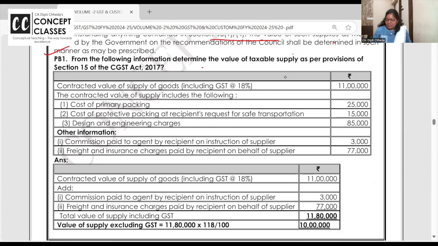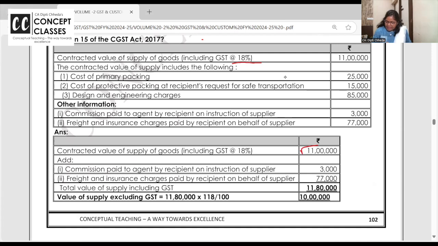From the following information, determine the taxable value of the supply. Contract value of the goods, including 18% GST, is 11 lakhs. So start the answer, particulars and amount. Now this contract value already includes primary packing. So that is anyways to be included, and it's included. So nothing to do.